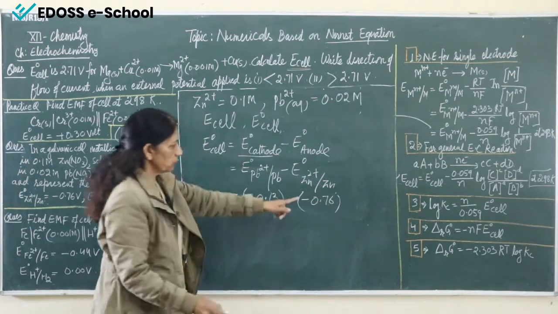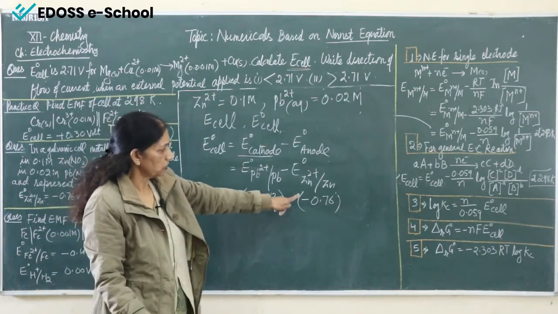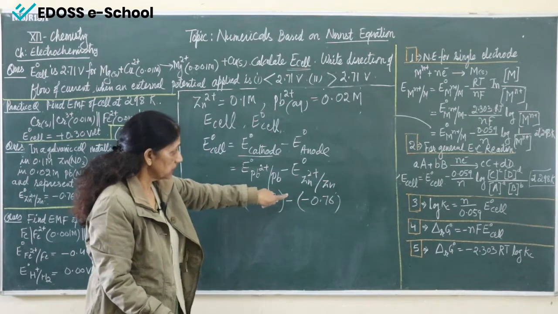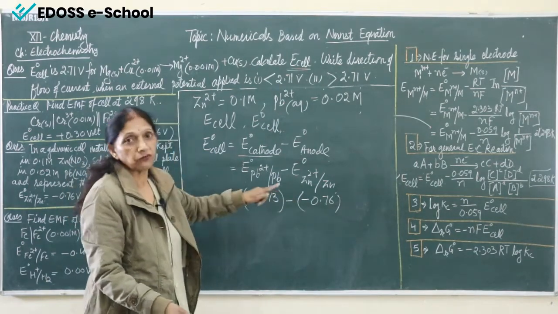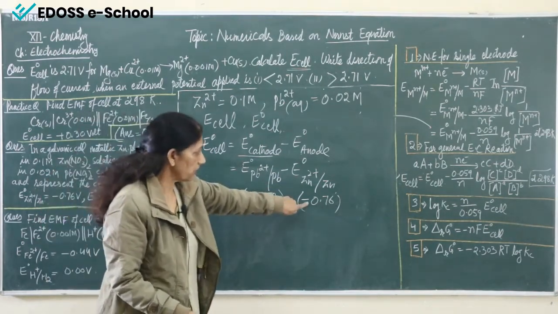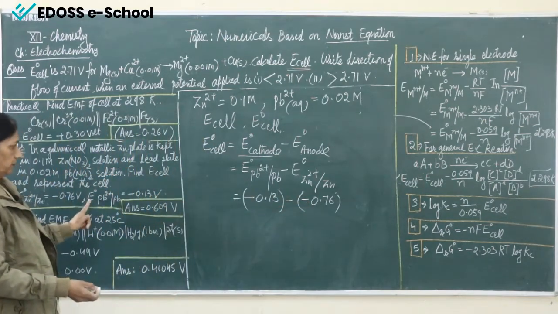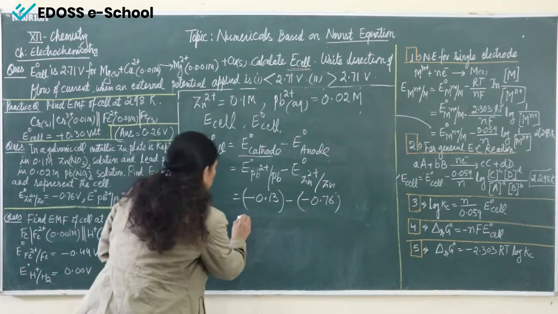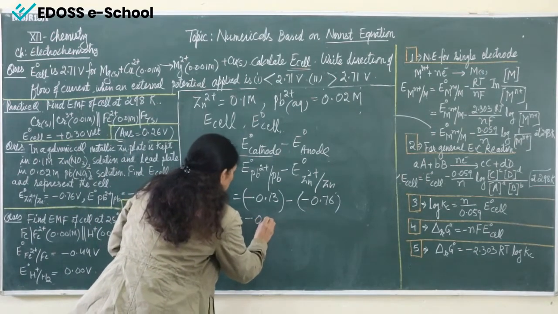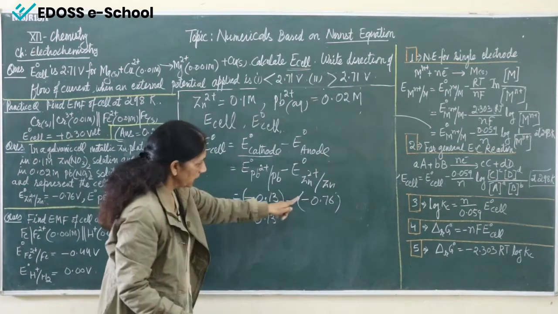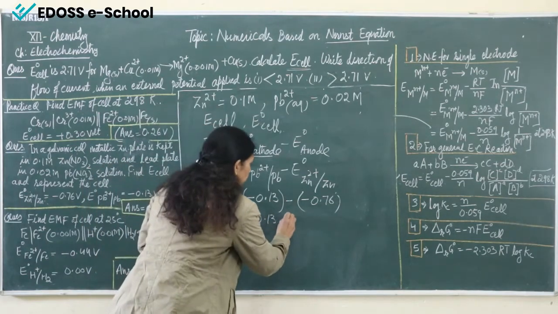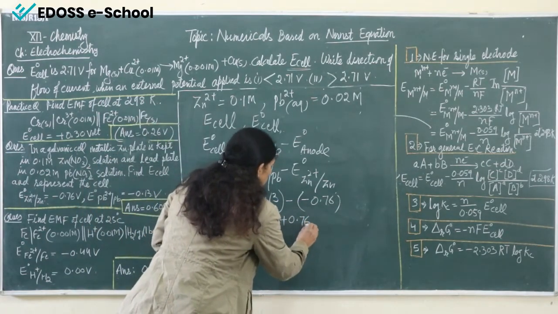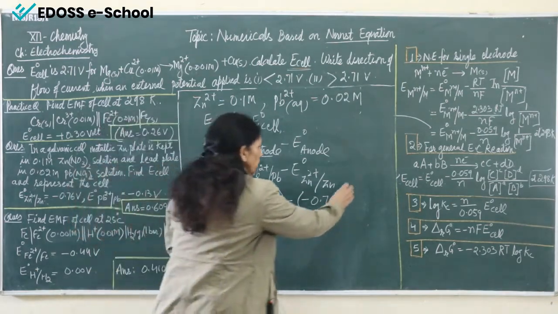Now see what mistake students make. They don't put these values in brackets. This minus is for subtracting both the values, and this minus is for the electrode potential of the zinc plate. So this will be minus 0.13, and minus minus will become plus 0.76.